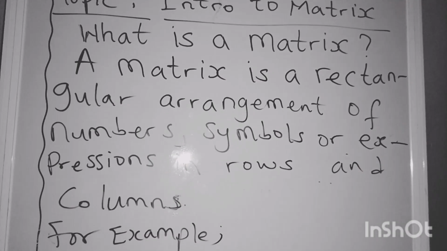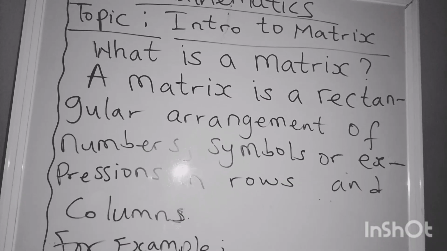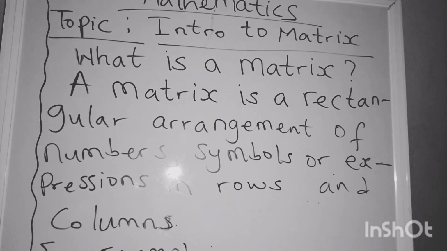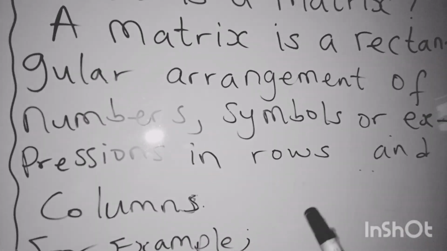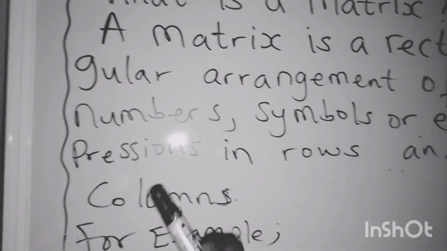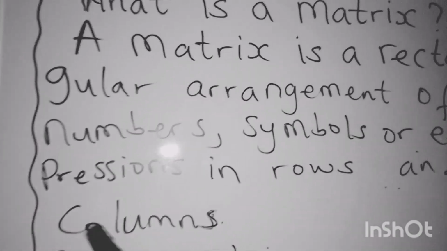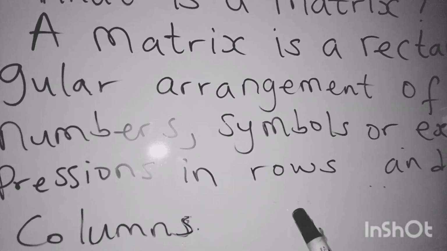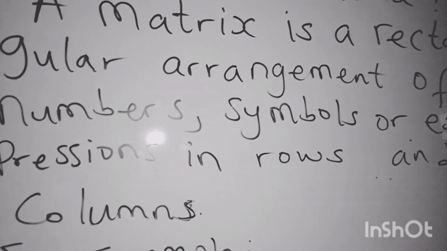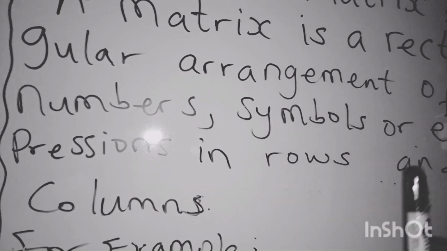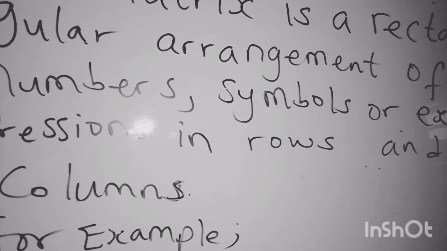Or expressions, like 2x, 3x, 4y, like that. What is the difference between rows and columns, or how can we understand what rows and columns are? Rows go horizontally from left to right, while columns go vertically from top to bottom.